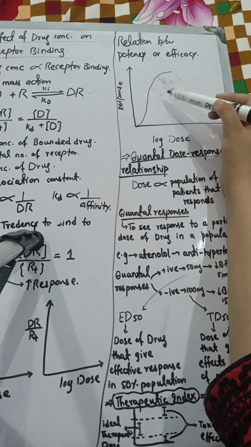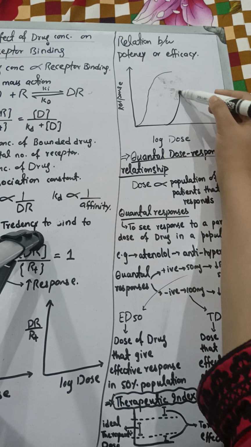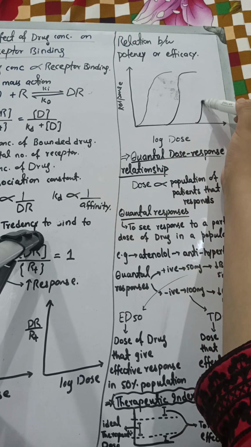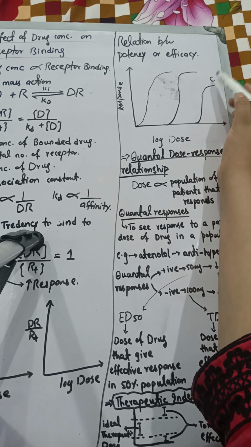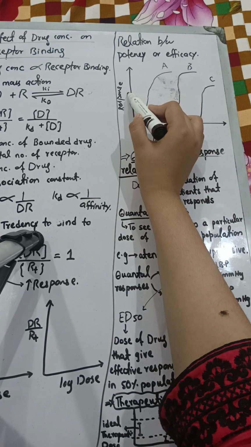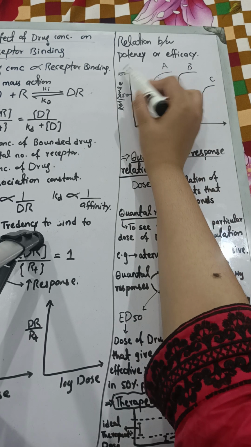This is the curve for drug A, this is the curve for drug B, and this is the curve for drug C. This is the 50% of the response, and this is the 100% of response.